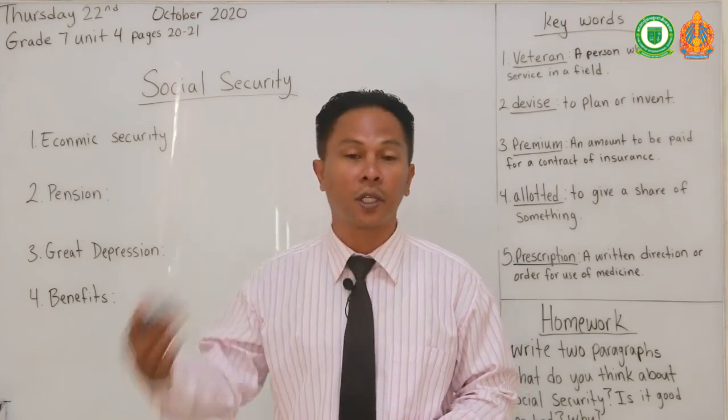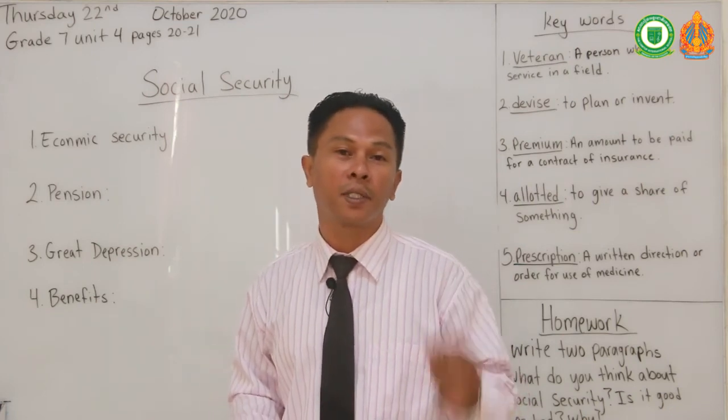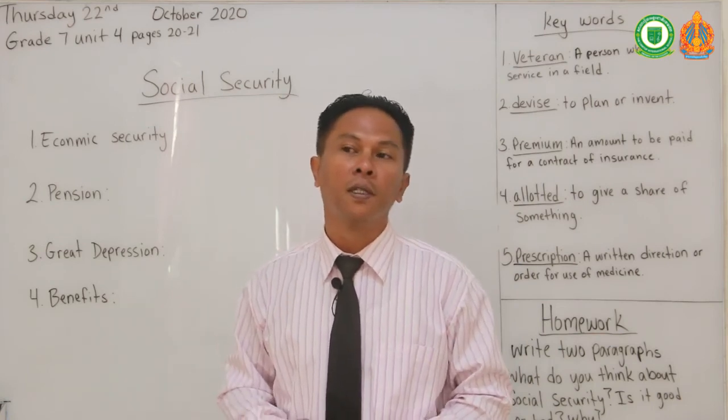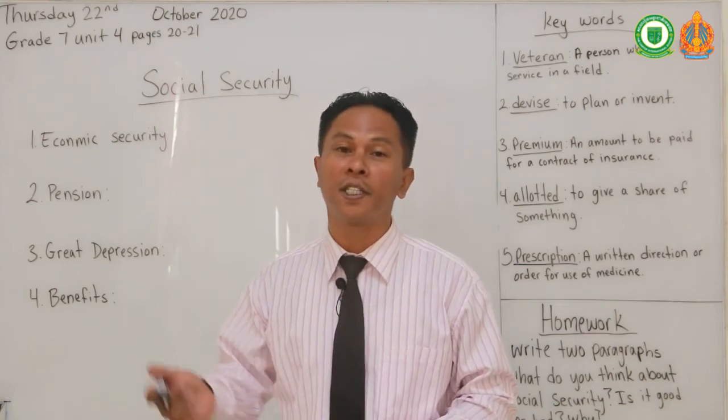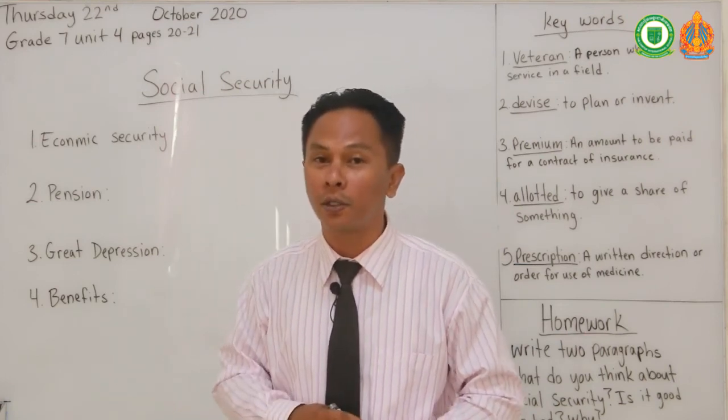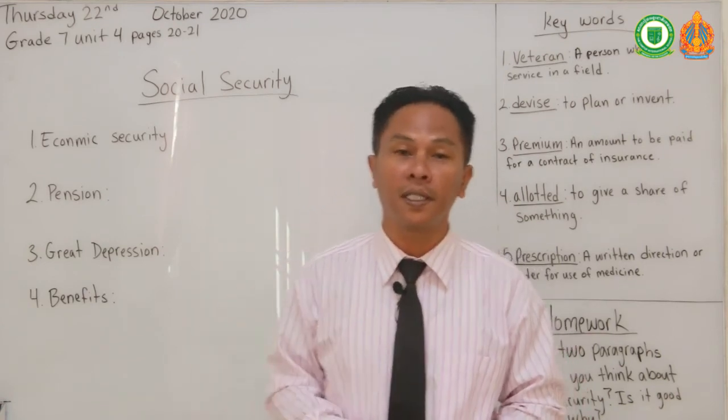But in order for Social Security to work, they take a percentage out of your paycheck every month to put into Social Security. So actually Social Security is your money that you've been putting in since you started working. That's what the taxes are, okay?